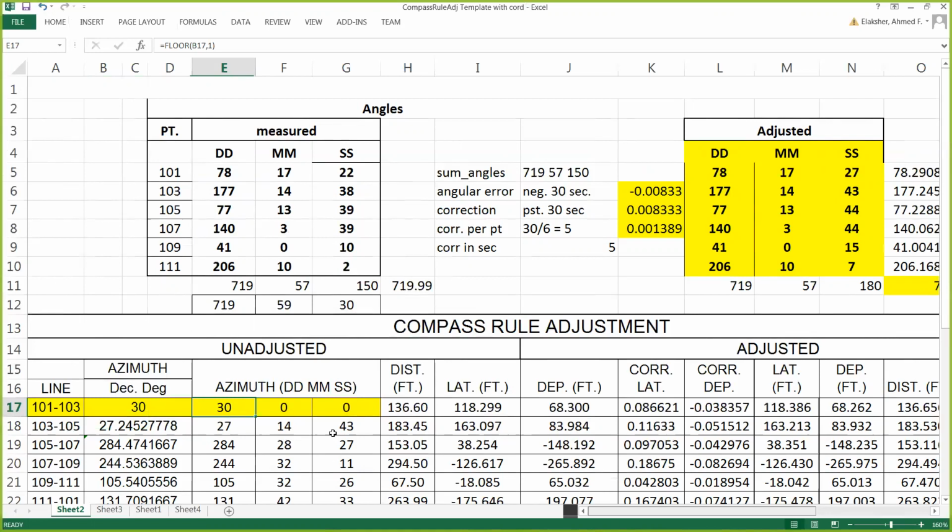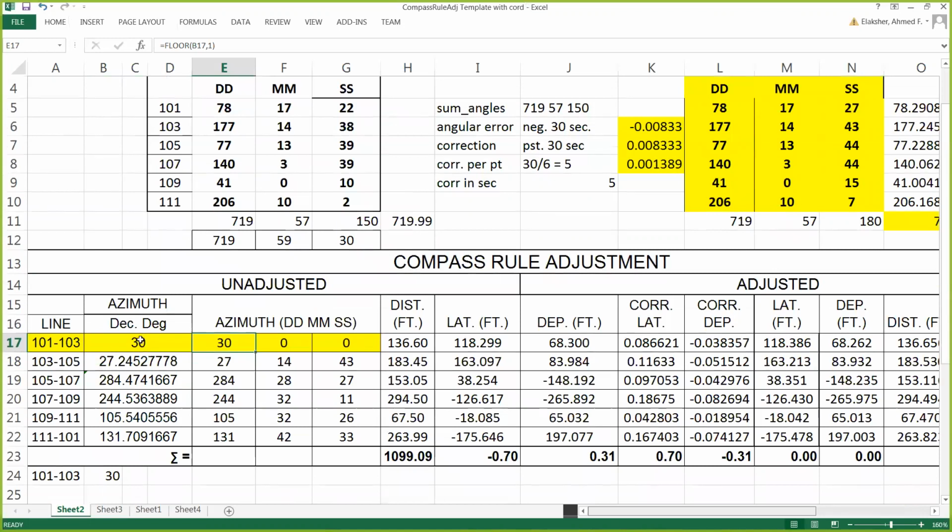Otherwise, your azimuths will not close. Your azimuths will have an error. So the 30, this is what I have. I have it here in degrees, minutes, seconds, and decimal degrees. And then we all learned in the lectures how to compute the azimuth of one line from the azimuth of the previous line. So I'm going to show it here on the whiteboard quickly.